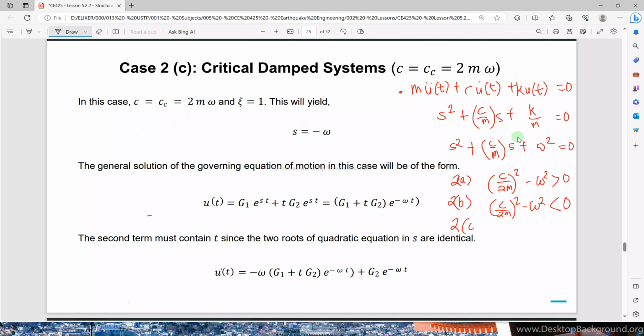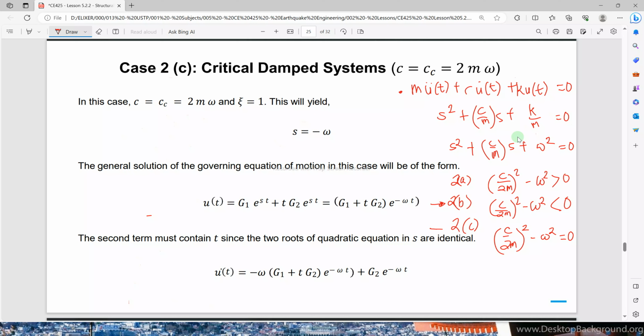And 2c, when c over 2m squared minus omega squared is equal to 0. So first, what we discussed last time, we have this case 2b. This is the underdamped free vibration system, or the underdamped system.